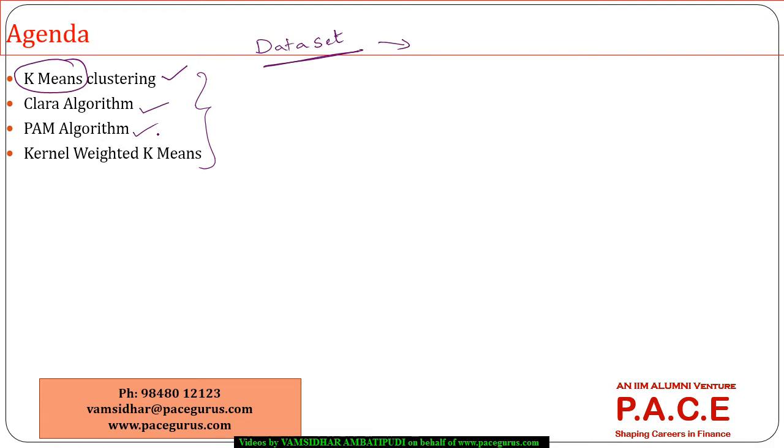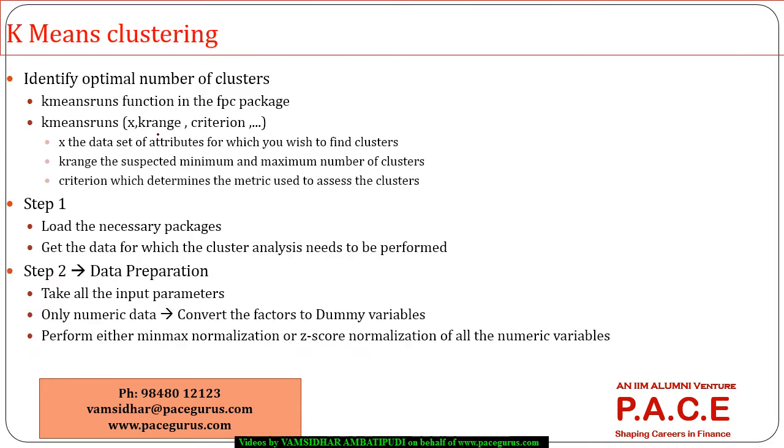So four different kinds of algorithms. We'll try to execute them on a data set and see the way the entire data set is getting grouped. So k-means. We have been talking about k-means clustering, where I have to come up with how many clusters I really want. So by default, I have to give some number of clusters. Let me go ahead in terms of identifying some number of clusters.